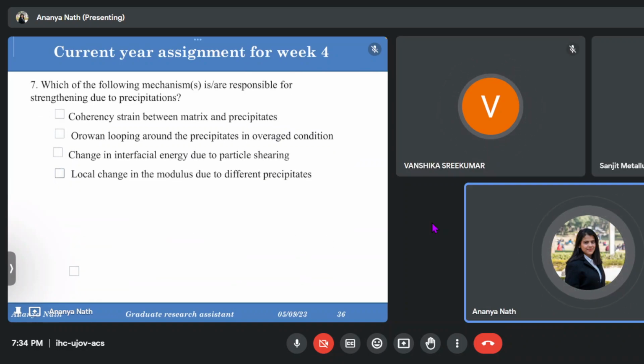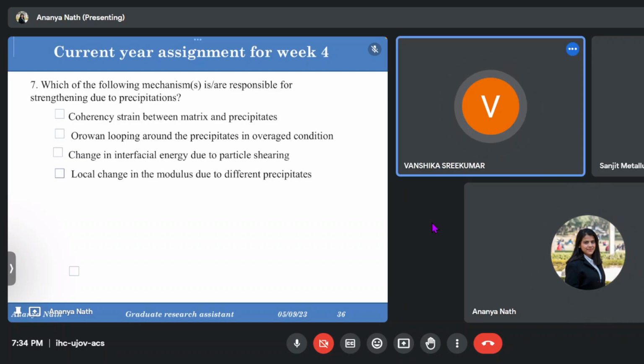Which of the following mechanisms are responsible for strengthening due to precipitation?